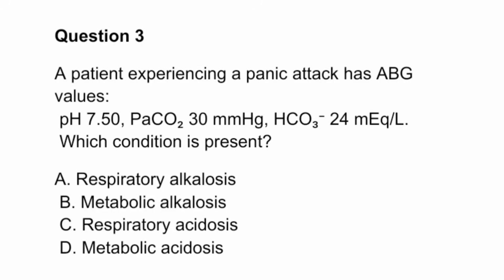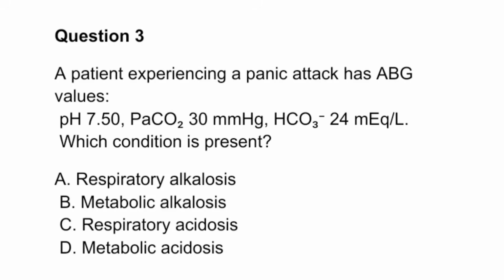Question 3. A patient experiencing a panic attack has ABG values pH 7.50, PaCO2 30 mmHg, HCO3- 24 mEq/L. Which condition is present? A. Respiratory alkalosis. B. Metabolic alkalosis.